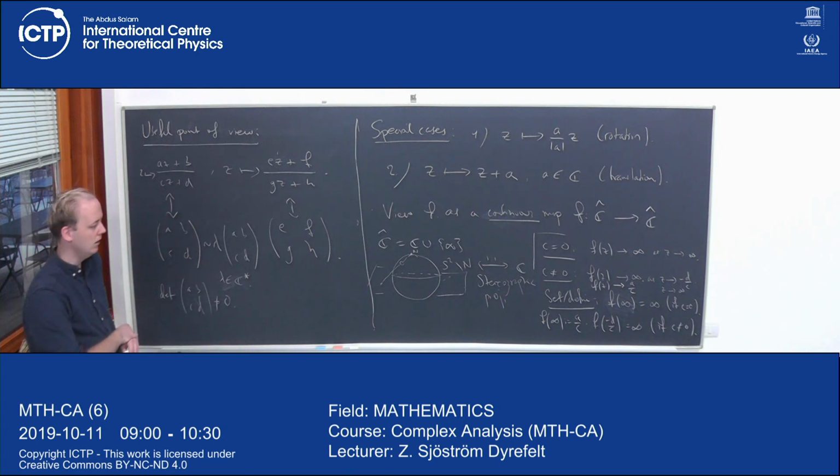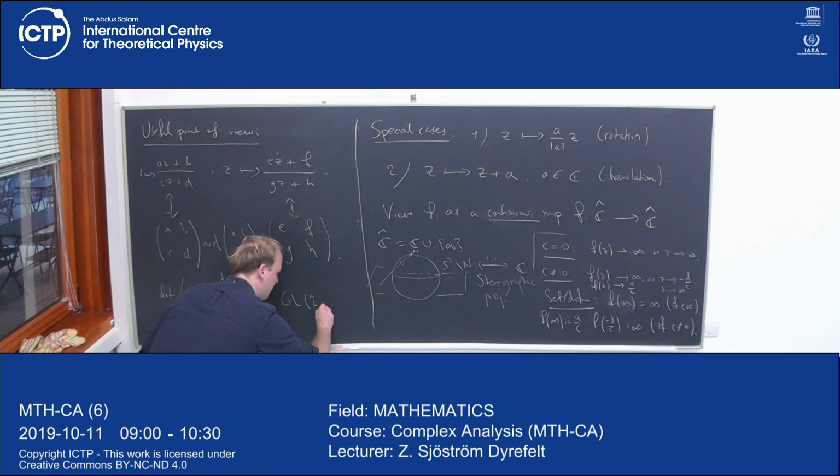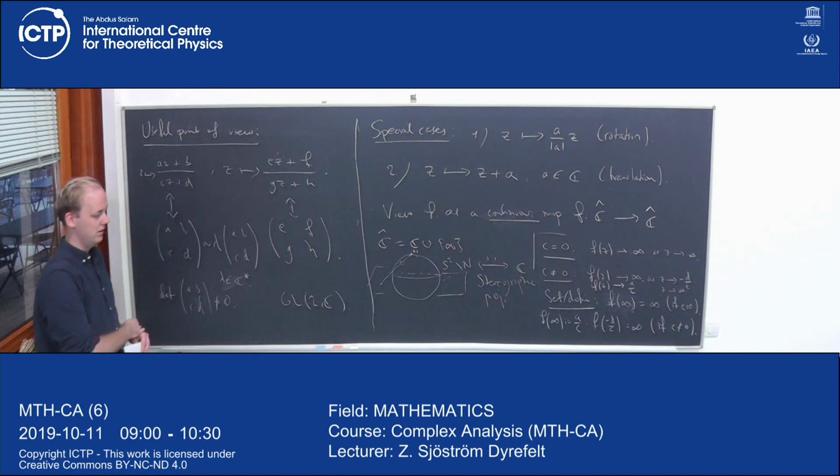Okay? So now as a set, this corresponds to a well-known subgroup of the group of 2 times 2 matrices. Do you know which one? Is it GL? Okay, so GL, 2 times 2 matrices with coefficients in C. So that's almost correct.